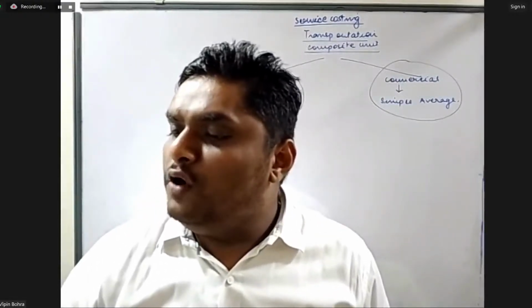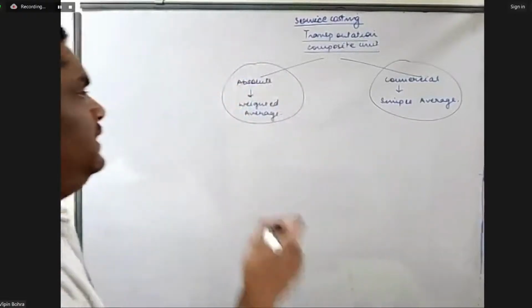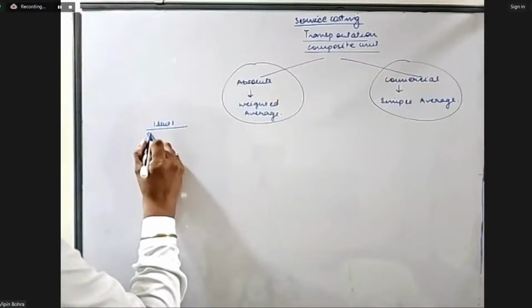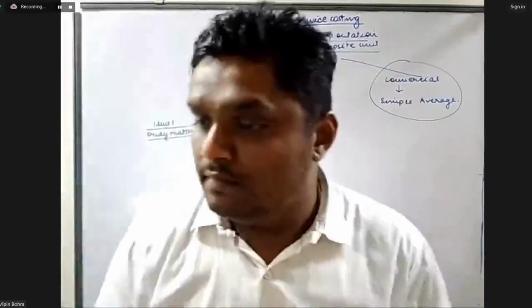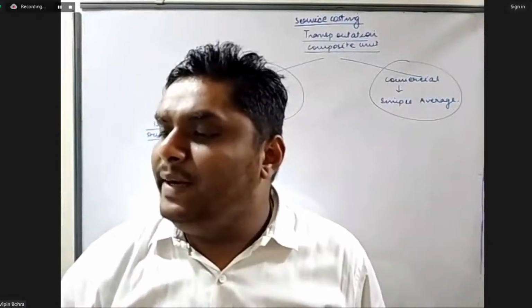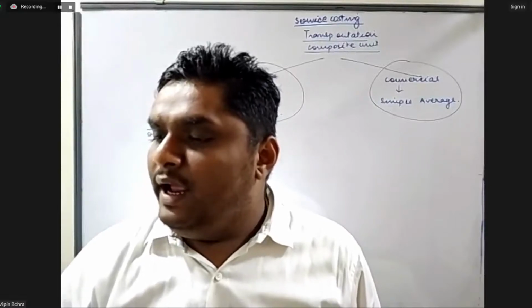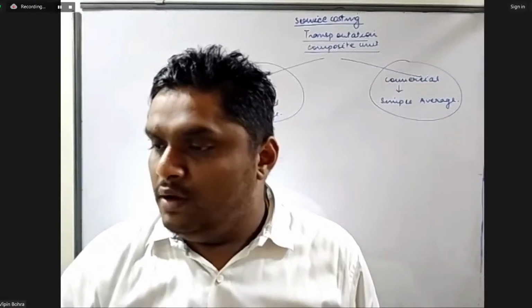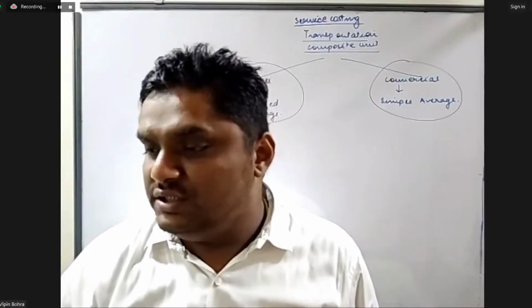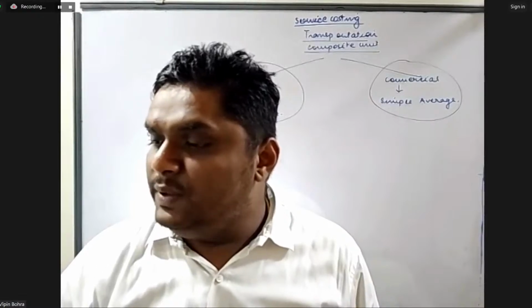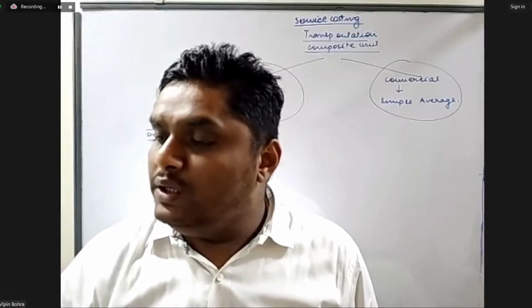A lorry starts with a load of 20 metric tons of goods from station A. It unloads 8 metric tons at station B and the balance goods at station C. On the return trip, it reaches station A with a load of 16 metric tons, loaded at station C. The distances between A to B, B to C, and C to A are 80, 120, and 160 kilometers.